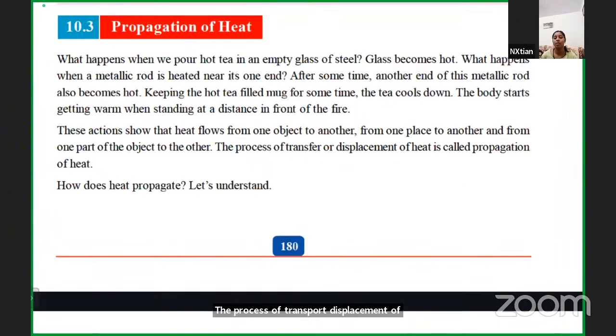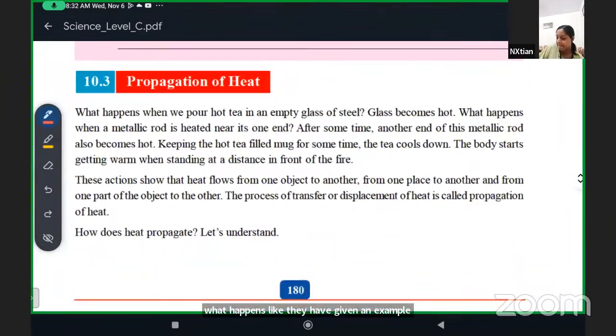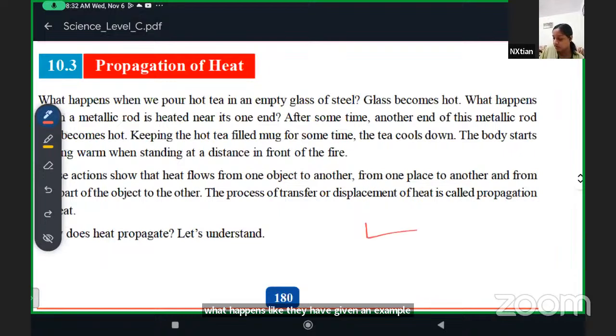Now, propagation of heat is basically the moving of heat from one place to another, from one body to the other. They have given an example. We have a metallic rod which is heated from one end.